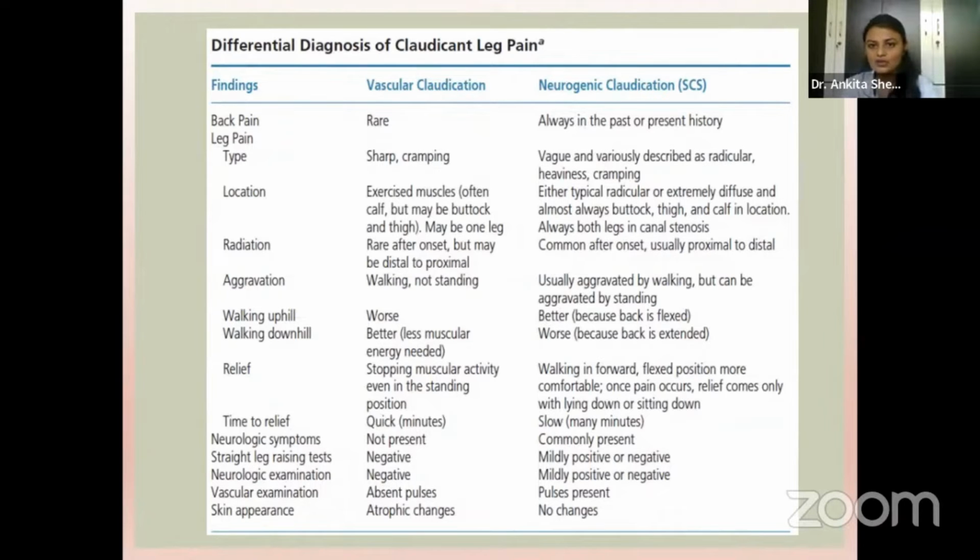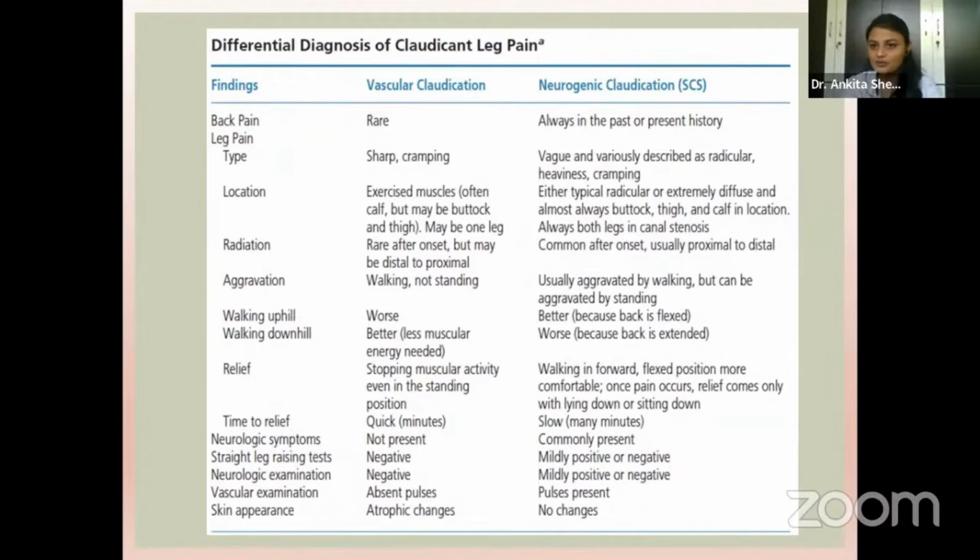Whereas in neurogenic claudication, the type of leg pain is generally vague, radicular, or heaviness and cramping. It is radicular in fashion, which goes from buttock, thigh, and calf, and generally occurs bilaterally.